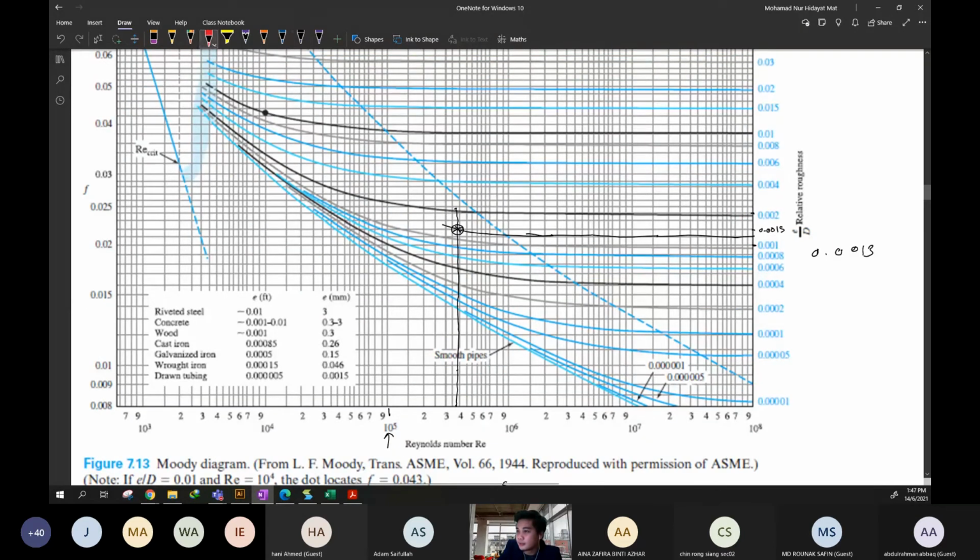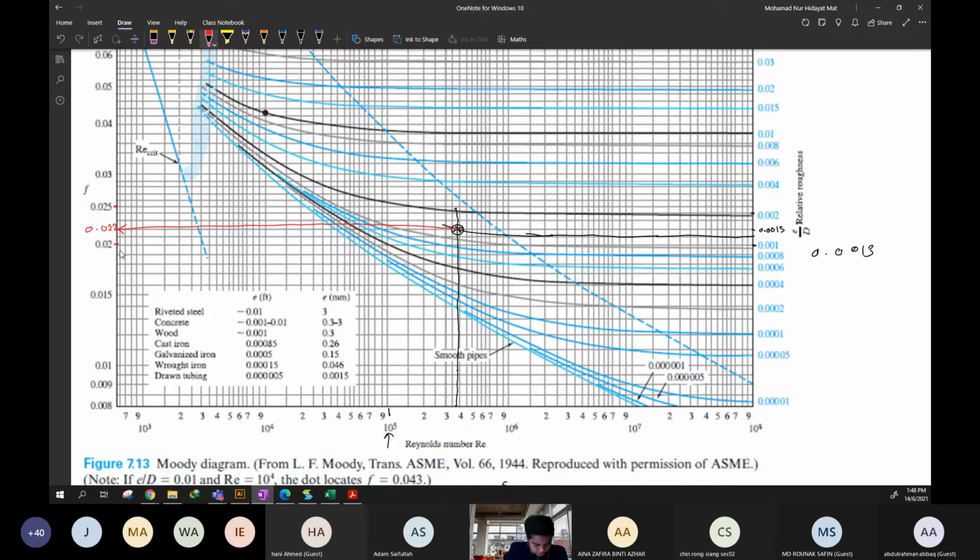From here, go straight across to this line and read from here. 0.02, and 0.025 in the middle. It is around 0.022.